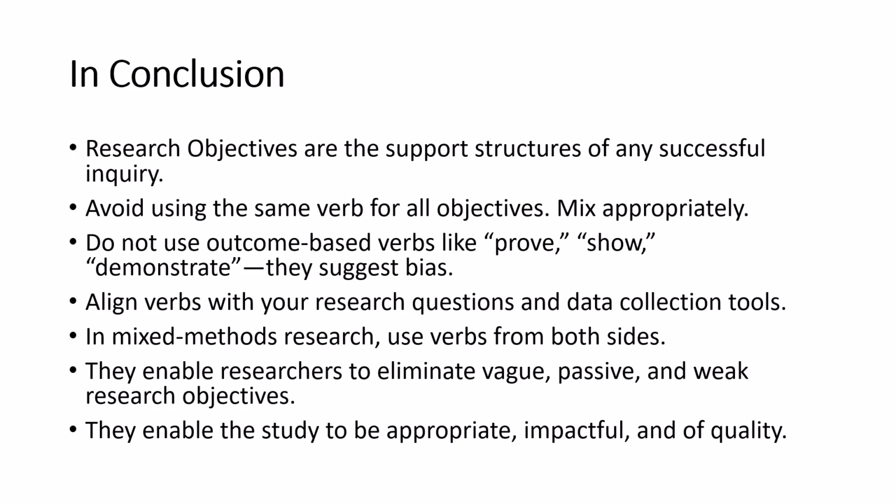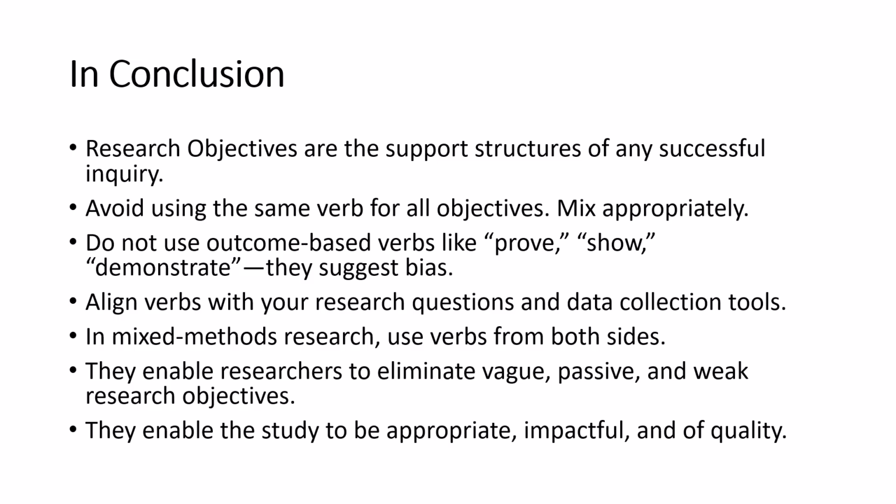You use explore, to narrate, to discover, to discuss. Those are under qualitative. And for example, under quantitative, to determine, to analyze, to investigate, to test, to compare. So do not use outcome-based verbs like prove, show, demonstrate. They suggest bias. Okay, this suggests different forms of biases. You align your verbs with your research questions and data collection tools. In mixed methods research, you can use verbs from both sides.